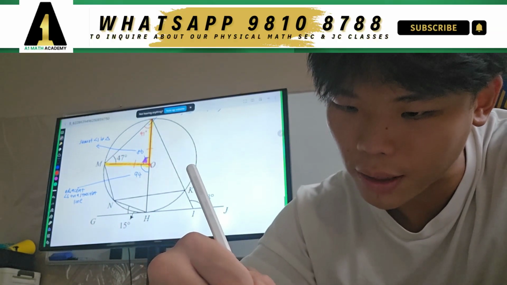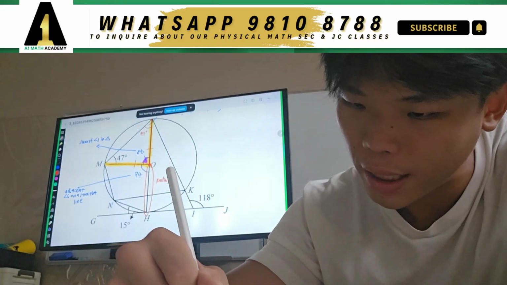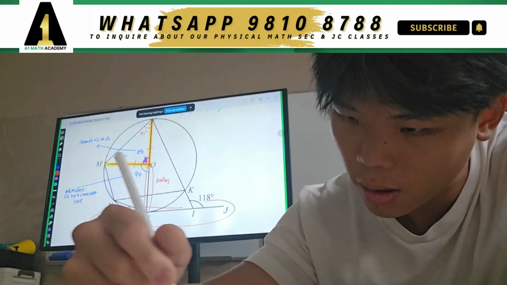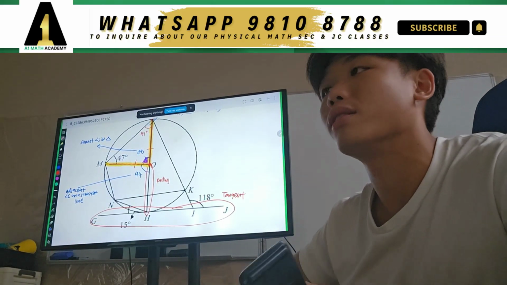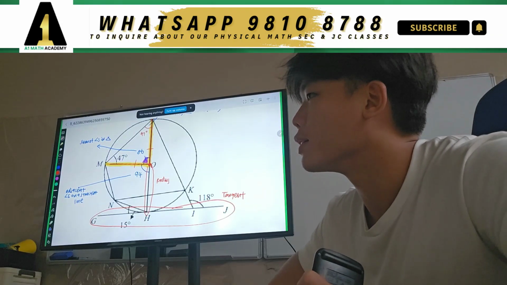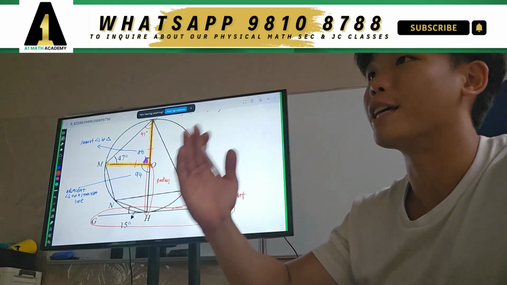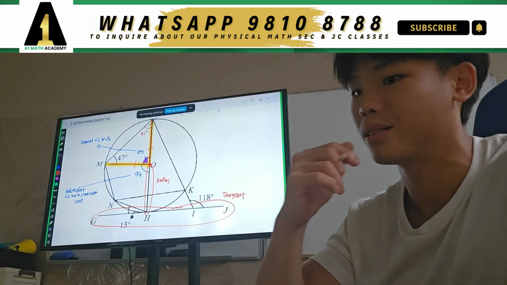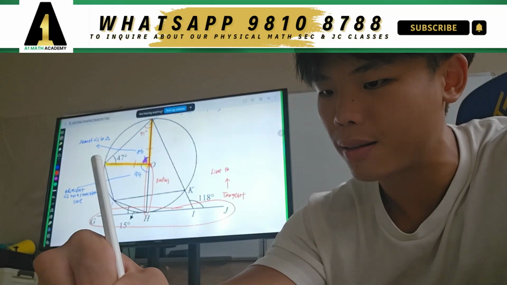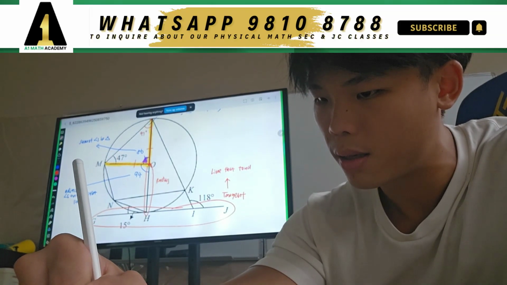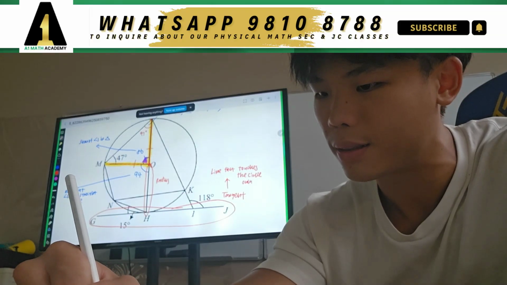Next, another property. This is the radius of the circle. Do you agree that this is a tangent? What's the meaning of tangent? A tangent is a line that touches the circle only once.